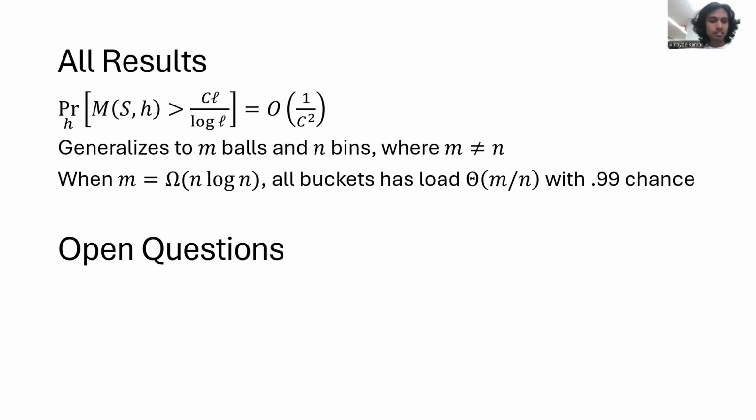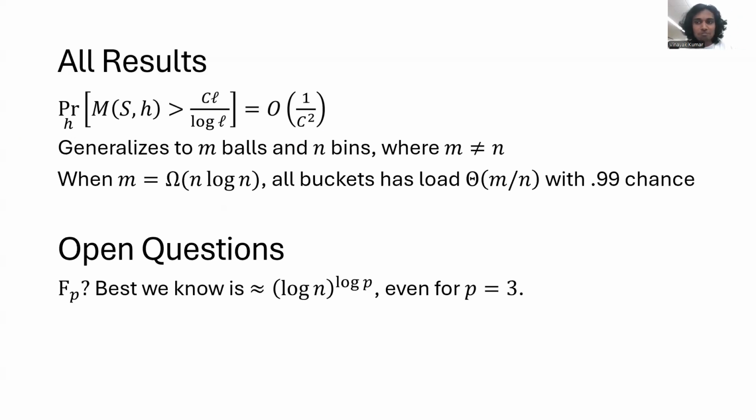And in terms of open questions, one interesting question is, can we generalize this to F_p, where p is not equal to 2? More or less, approximately the best max load we know over F_p is like log n raised to the log base 2 of p. So we don't even get a near logarithmic quantity, even for p equals 3. That's a very interesting question.